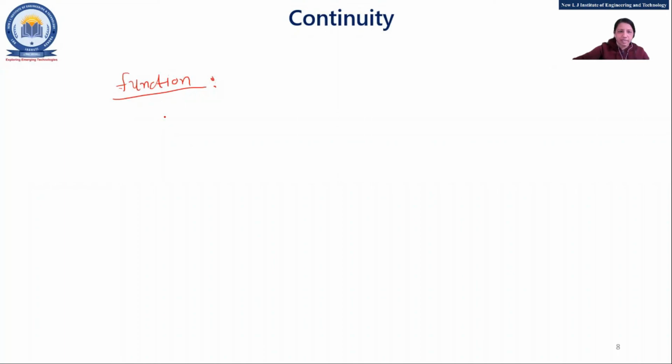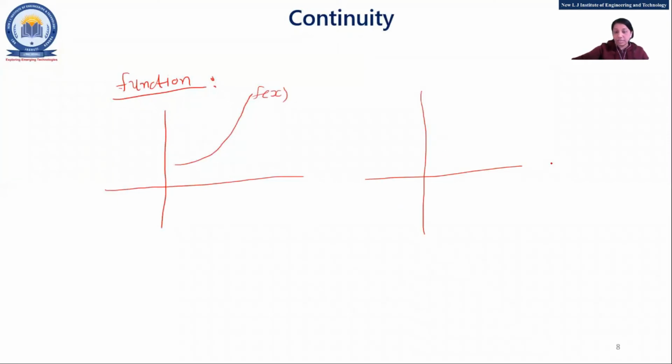Suppose I draw one graph. This is my f(x). And another function is g(x). Maybe at some point it will not have a value. This is my g(x), this is also g(x). So at this point it does not have a value, so it will be breaking at some point.